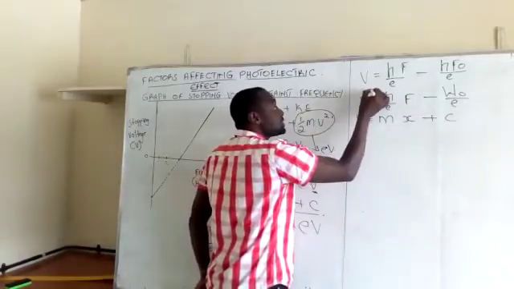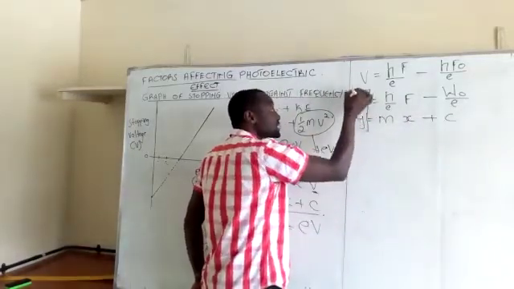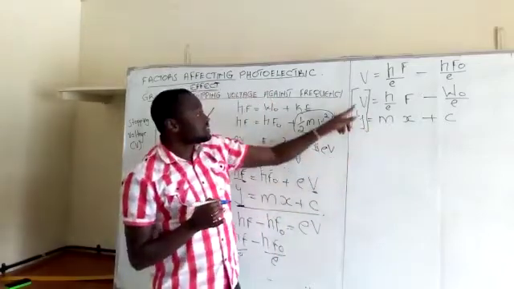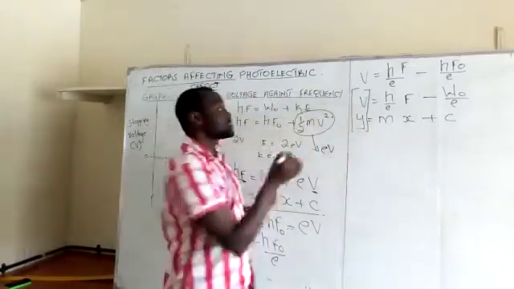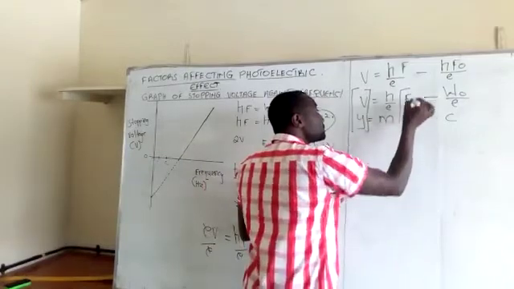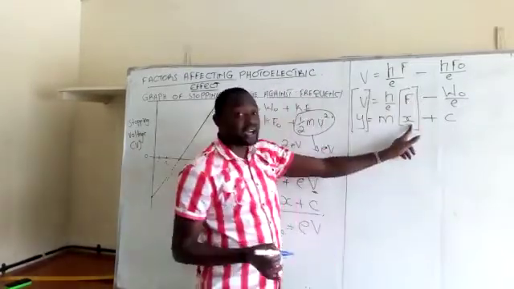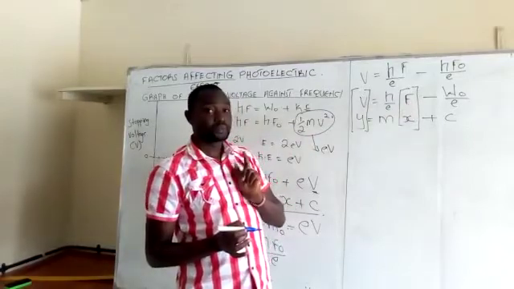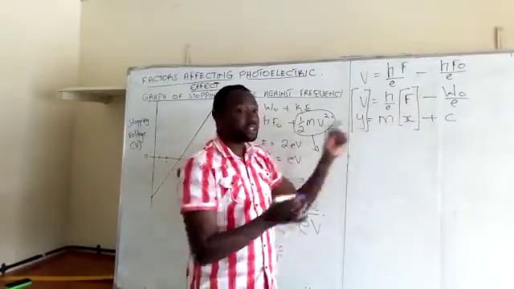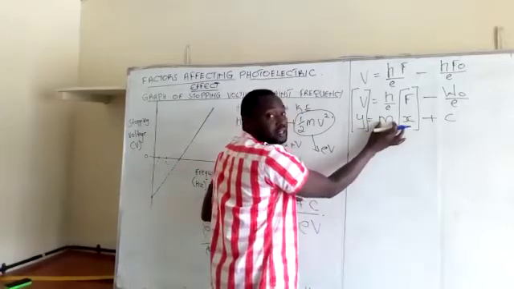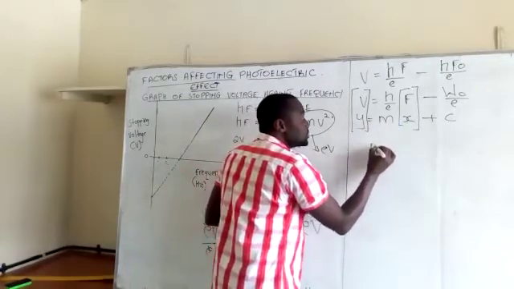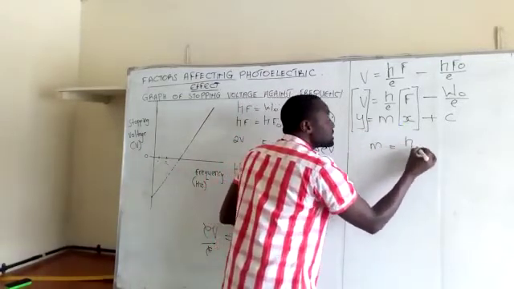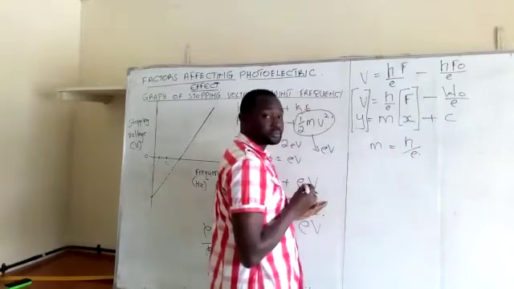You can see this is what we have plotted on the y-axis, the stopping voltage. That is what we have plotted on the x-axis, the frequency of the radiation. That leaves us with the gradient. Look at the gradient, m, which will be h over e.